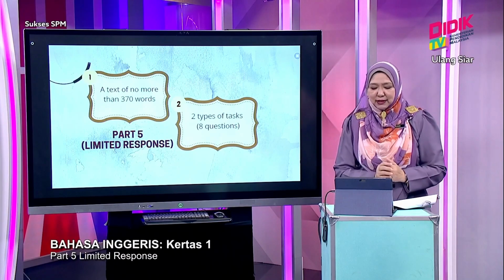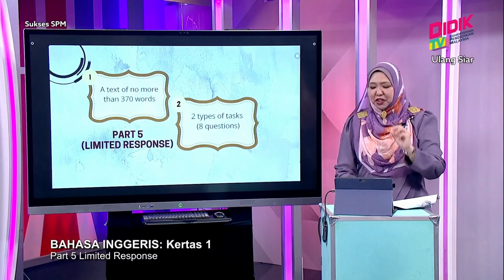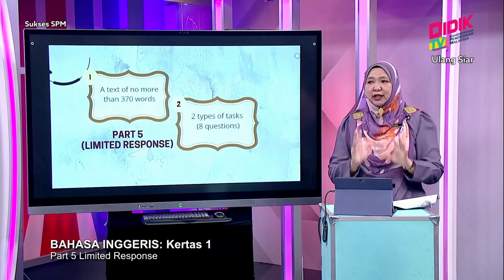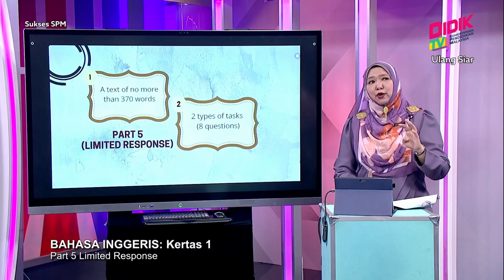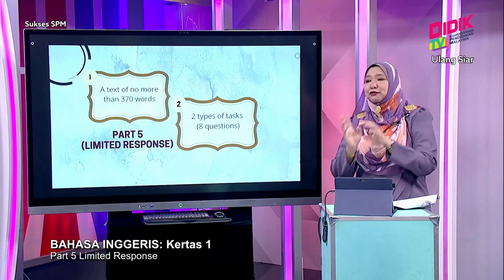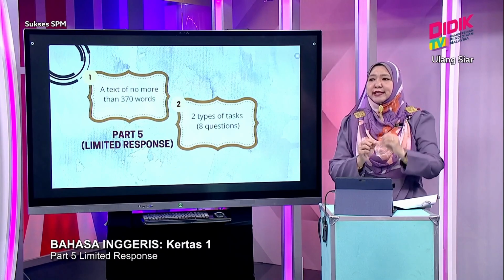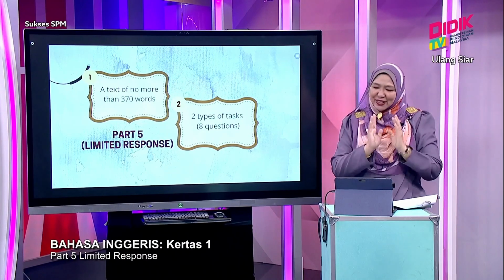That is the text. There are 2 types of tasks being asked, consisting of 8 questions: 4 for the first task and 4 for the second task, but both tasks use the same text.